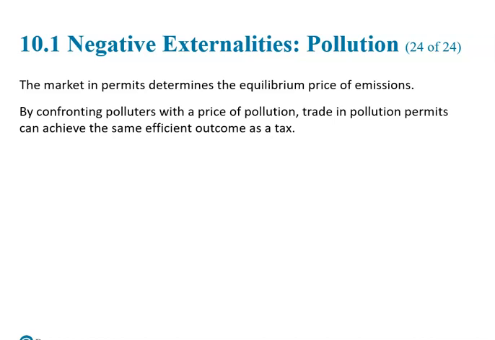So by confronting the polluters with the price of pollution, trade in pollution permits can achieve the same efficient outcome as a tax. So just refer to the graph that we used for taxes to avoid negative externalities, and pretty much the same kind of outcome will be seen in the case of cap and trade.